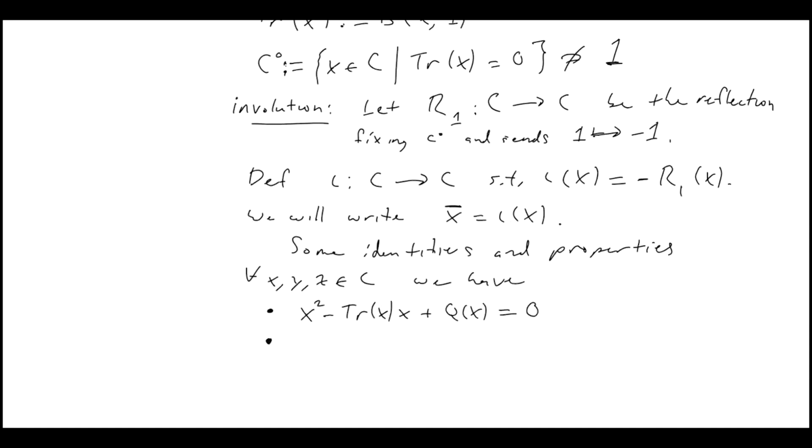All right, now we introduced this involution, and it turns out that the trace and the quadratic form can be written in terms of the involution. So the quadratic form of x is just going to be x times the involution of x, and the order doesn't matter. And the trace of any element will be x plus the involution of x.